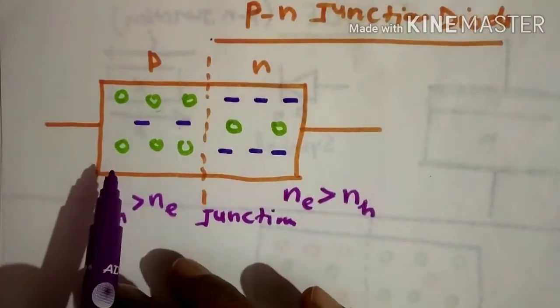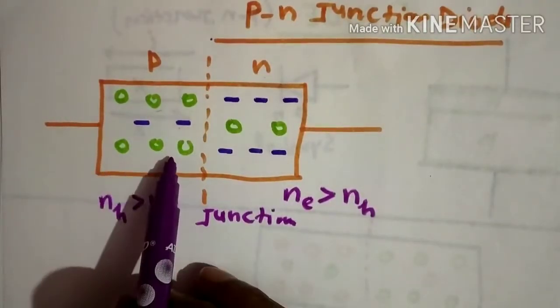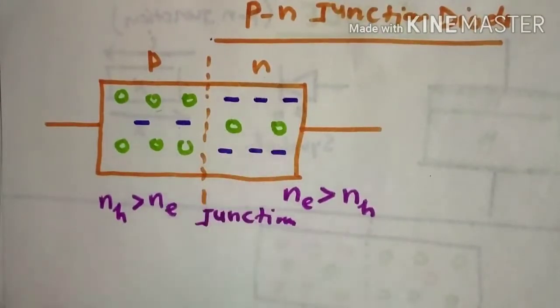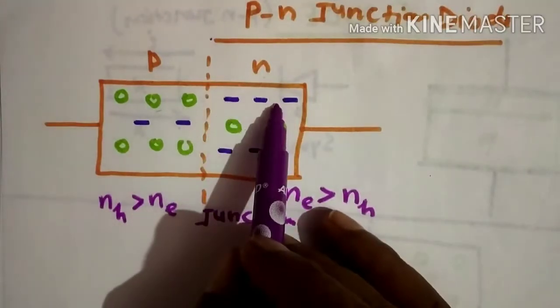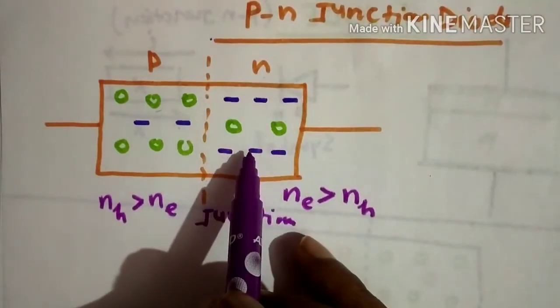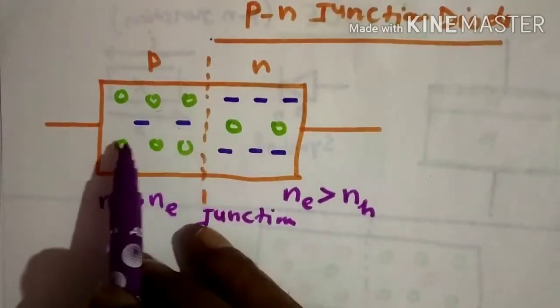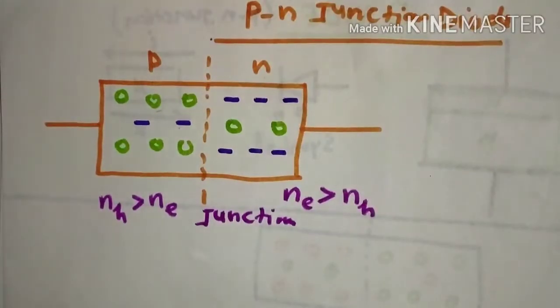We see that the concentration of holes in the P region is more than the concentration of holes in the N region. And the concentration of electrons in the N region is more than the concentration of electrons in the P region. Due to this concentration difference, I must use a technical term, concentration gradient.